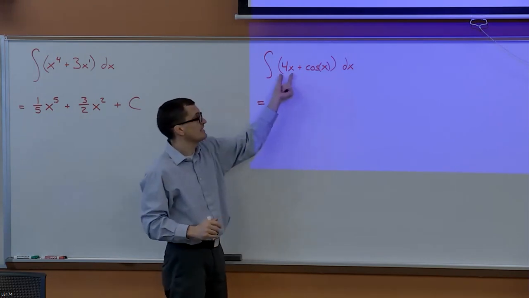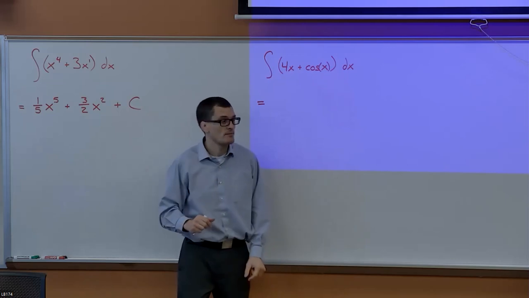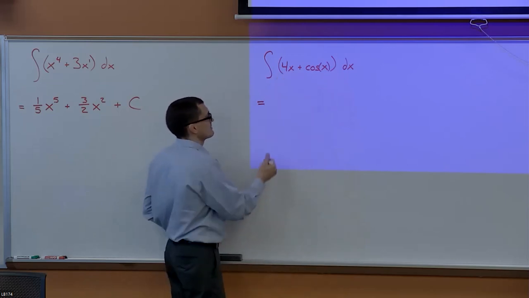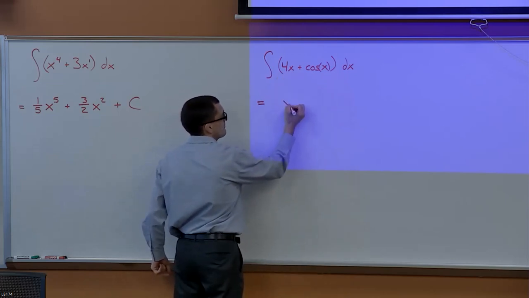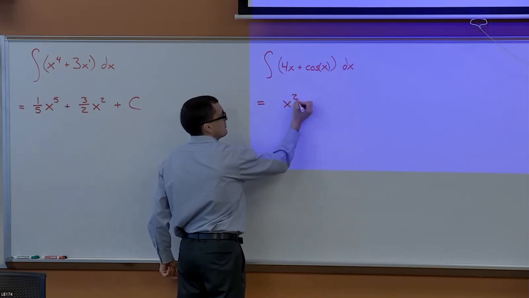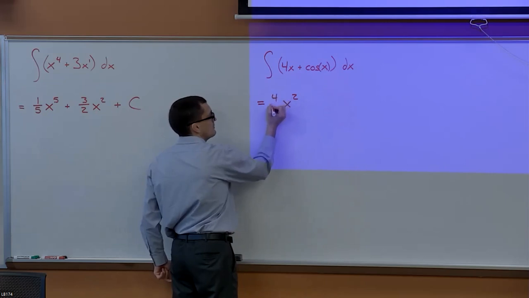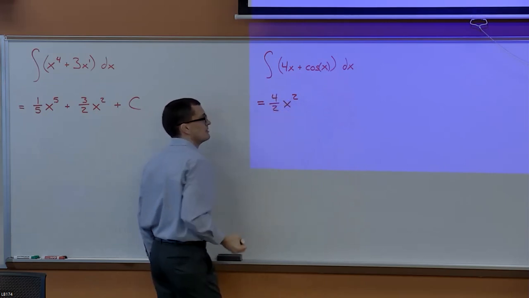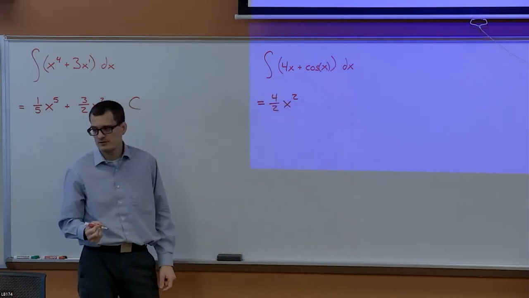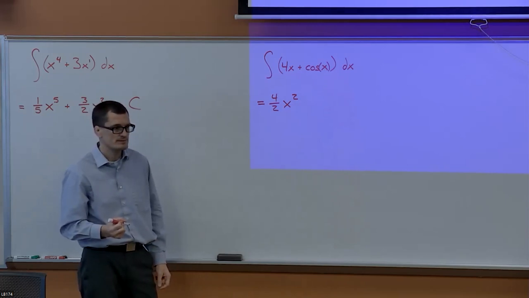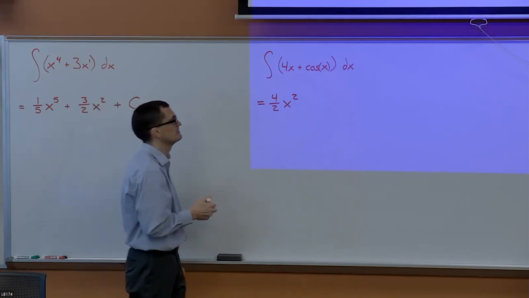So I can do the same thing I did over there on the 4x component, that term, increase the exponent by 1, you get x squared, and then you divide the coefficient by 2. So 4 divided by 2 is your new coefficient.